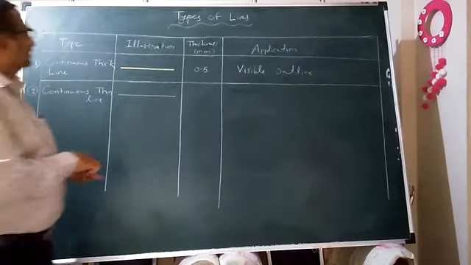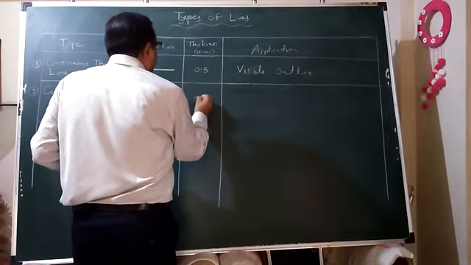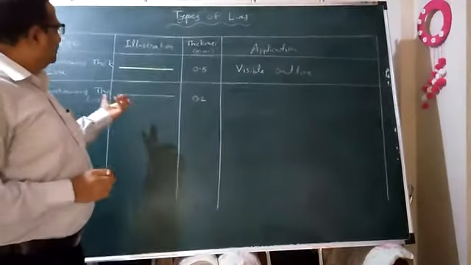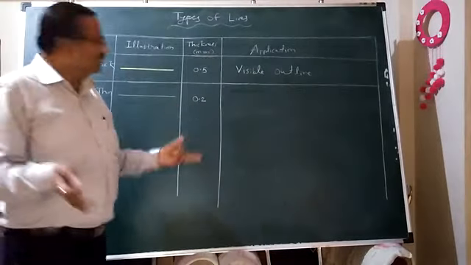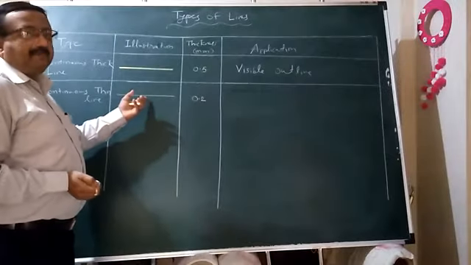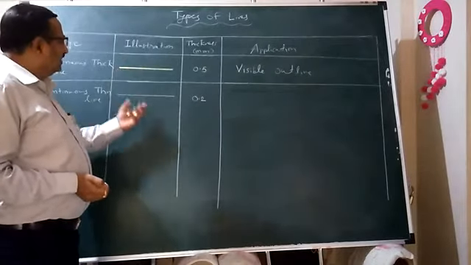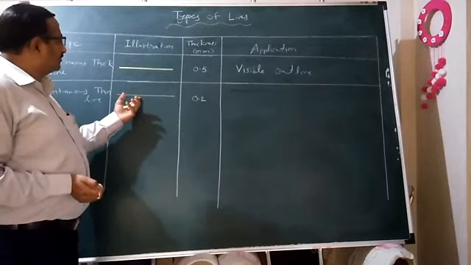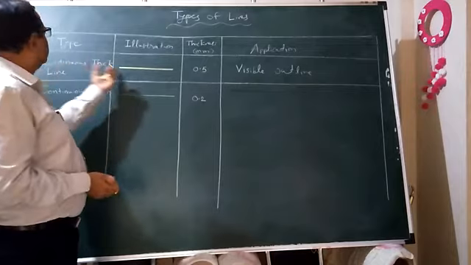Naturally, its thickness may be 0.2 mm. Just by common sense, we can judge the difference between these two. Nobody is going to measure it using a vernier or microscope, but still we can compare just by naked eyes that this is carrying 0.5 thickness, and that may be carrying 0.2 or 0.3 mm. It is faint, compared to the continuous thick line.